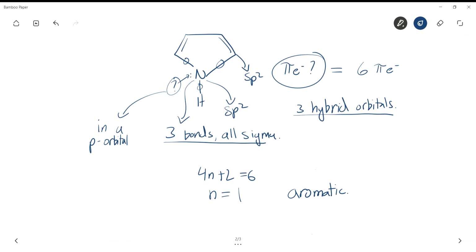Do you see 3 sigma bonds? Then those lone pairs are going to be in a p orbital. If you don't see 3 sigma bonds and you see 2 sigma bonds and a pi bond, like in the pyrimidine example, then you know those lone pairs are in a hybridized orbital.